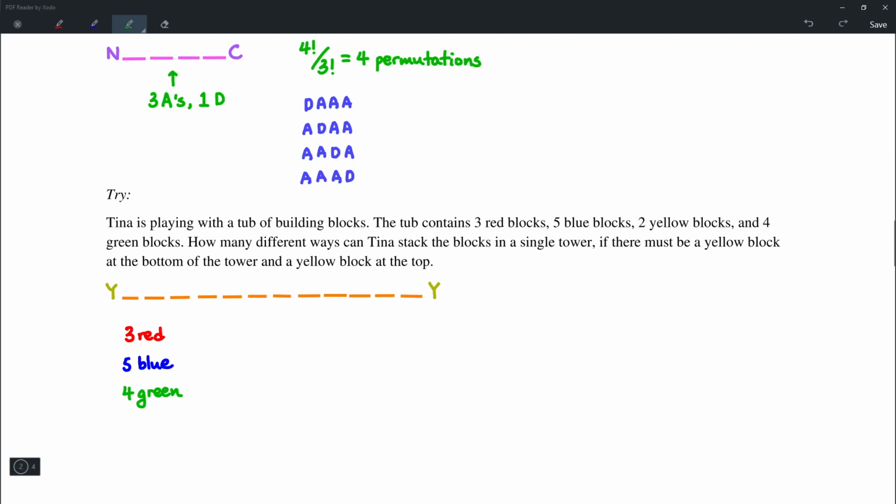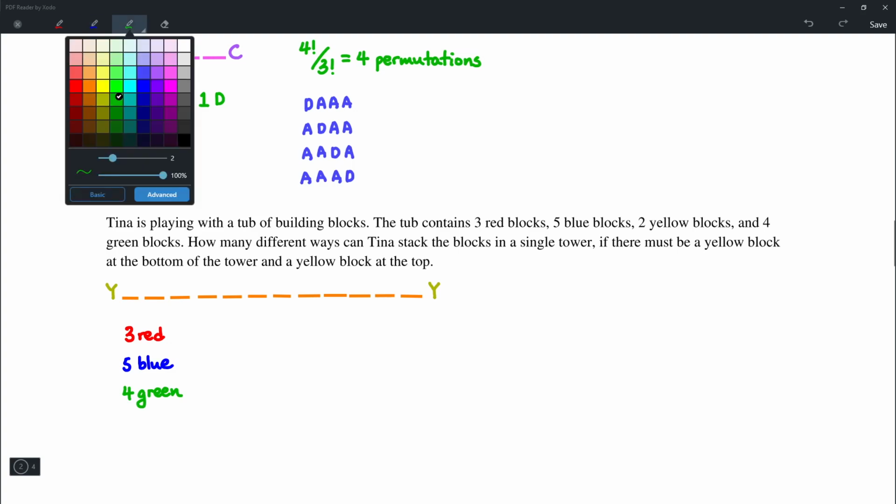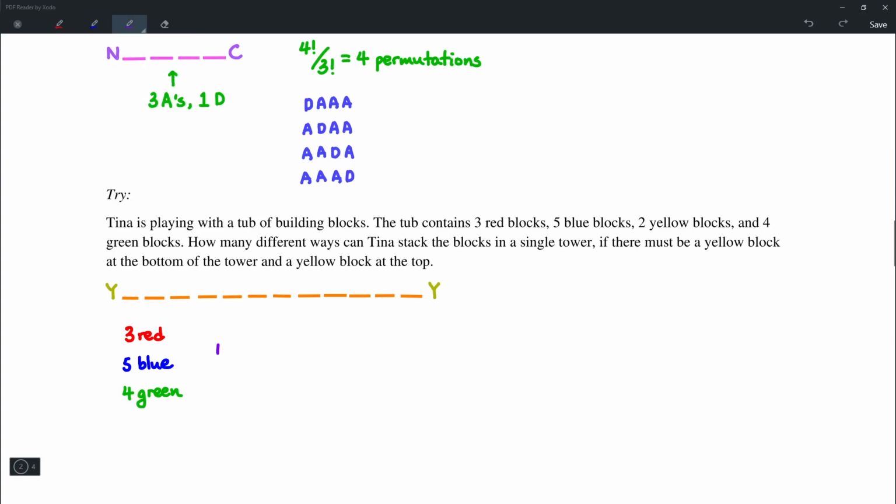So that will be a total of 12 blocks. And we're going to be dividing by 3 factorial for the red blocks, 5 factorial for the blue blocks, and 4 factorial for the green blocks. Again, if we were to use a calculator here, we will get 27,720 permutations.